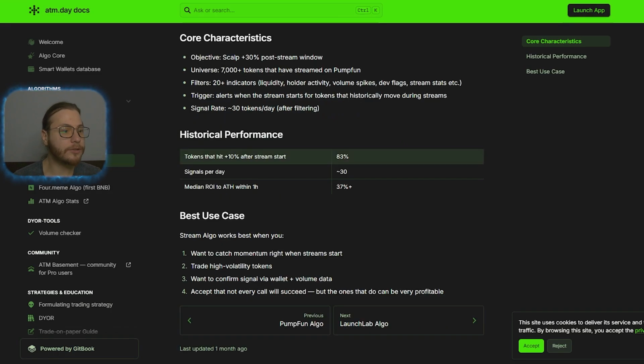Historical performance: tokens that hit plus 10% after stream start, 93%; signals per day, 30; median return to ATH in 1 hour is 37% plus. Best use case: the stream algo works best when you want to catch momentum right when a stream starts, trade high volatility tokens, and want to confirm signals via wallet plus volume data. Accept that not every call will succeed, but the ones that do can be very profitable.